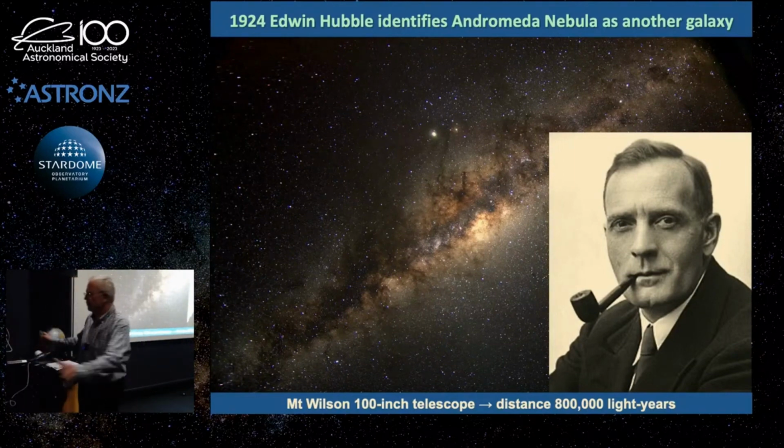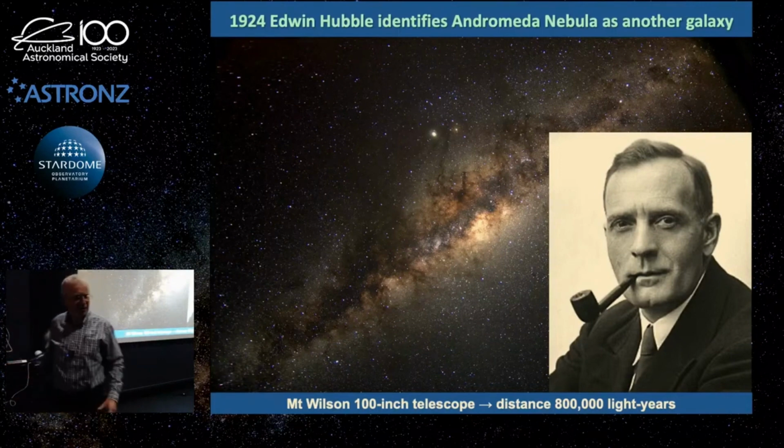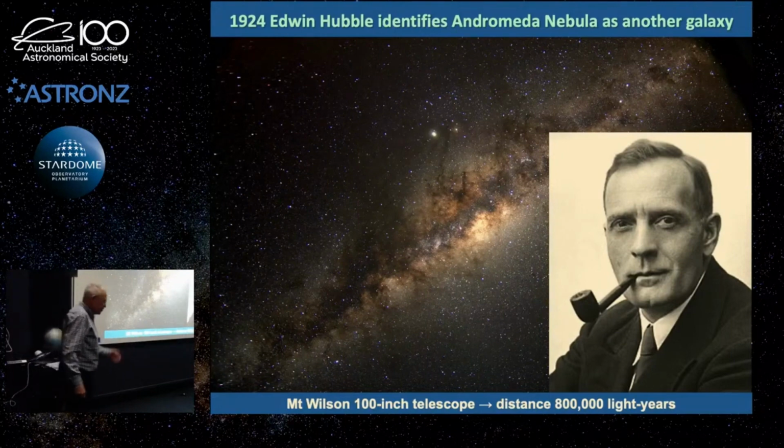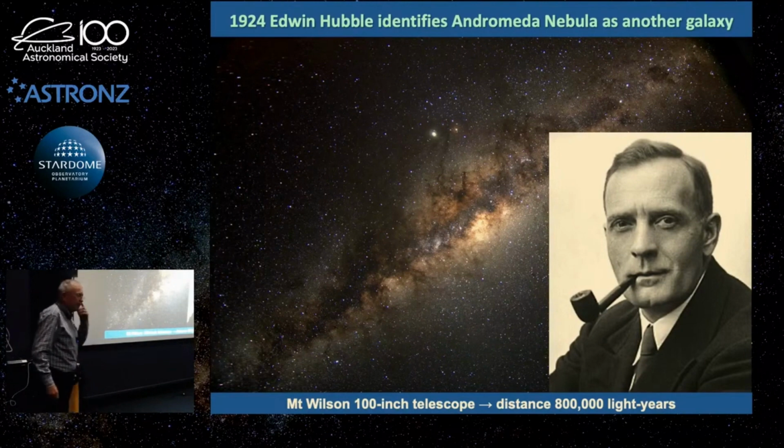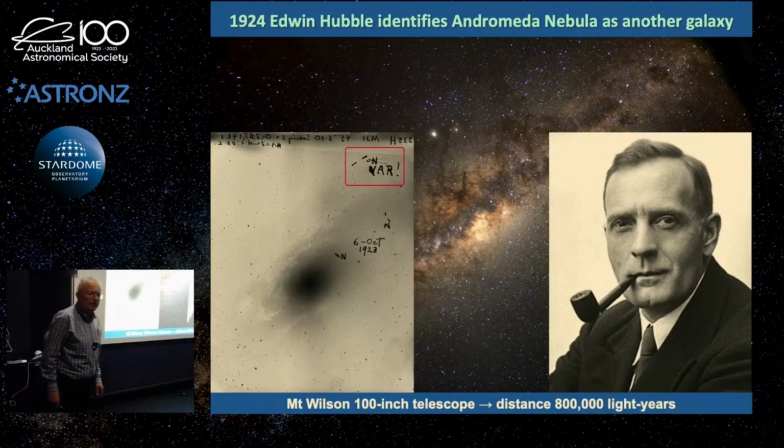That's a large size mirror to be looking through, particularly for its time. And he was looking at a patch of the sky called the Andromeda Nebula. It was in the Andromeda constellation, and it was one of these misty-looking nebulas that they didn't really know much about. And he was able to resolve some of the stars.